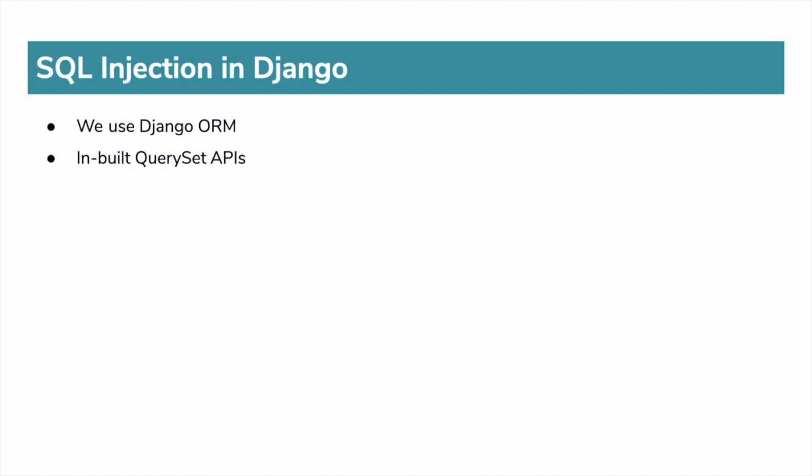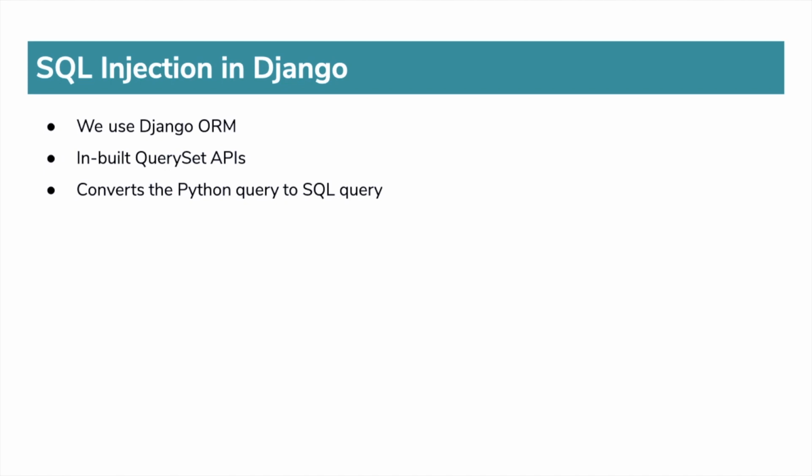So we actually write the queries to interact with the database in Python, okay? And then Django would convert those Python queries to SQL queries, right? That's how this entire communication with the database in Django using the ORM works, right?